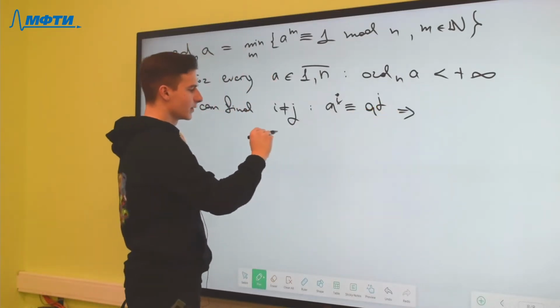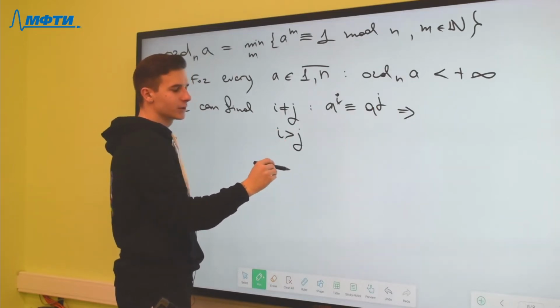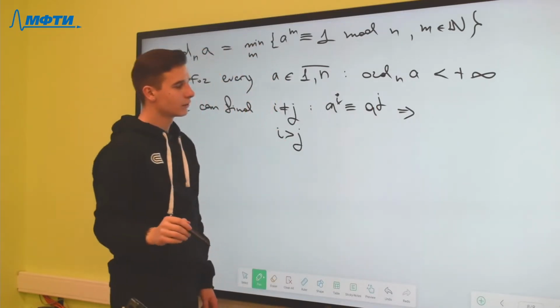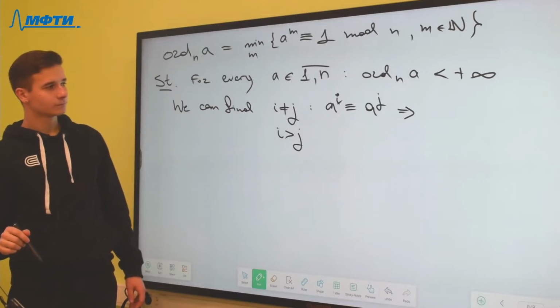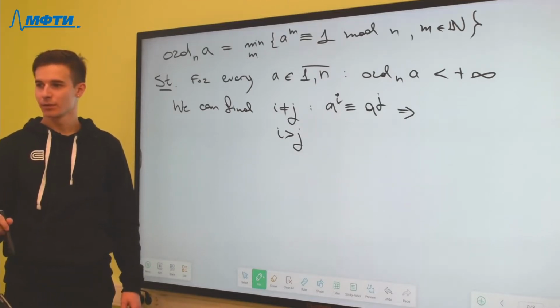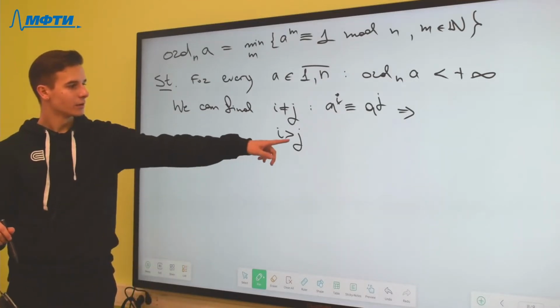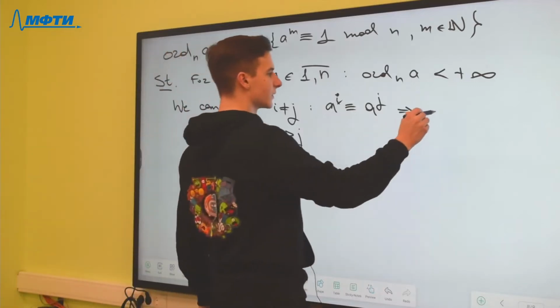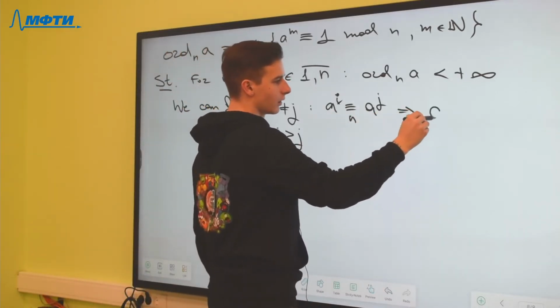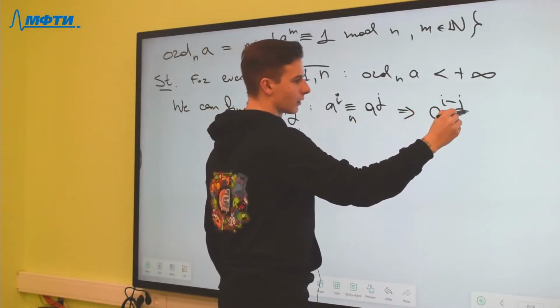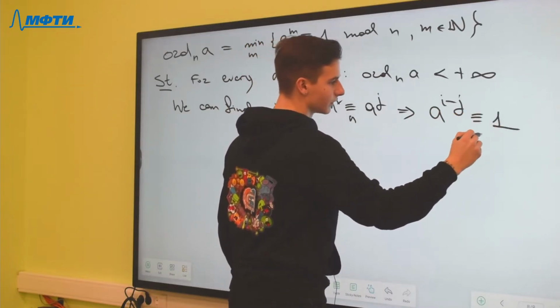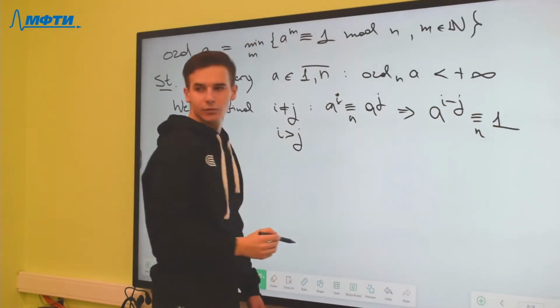So, for example, if i bigger than j, we can divide it by a to the power j and say that a to the power i minus j is equal to 1 modulo n.